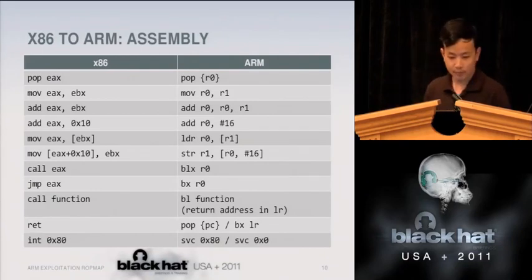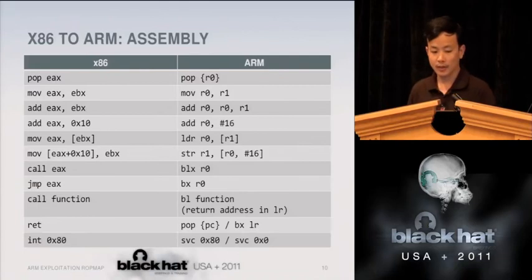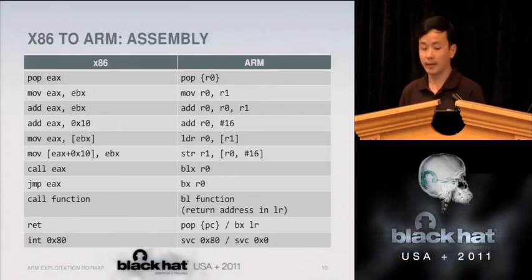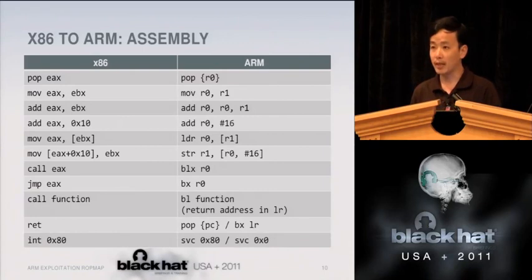For calling a function, we have the call instruction in x86. In ARM, we have BL, or branch with link, so the return address will be loaded in the link register.